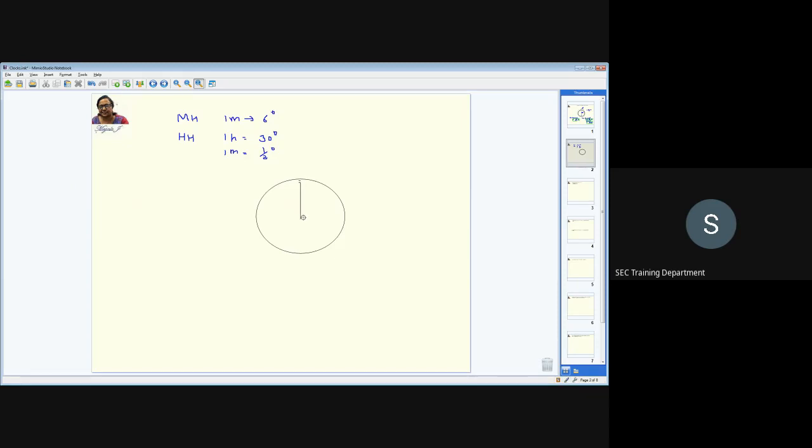Maybe I'll consider this as the minute hand and this as the hour hand. The 12, we are marking as the reference line. Whatever the time given, we just have to find the angle between the minute hand and the hour hand.